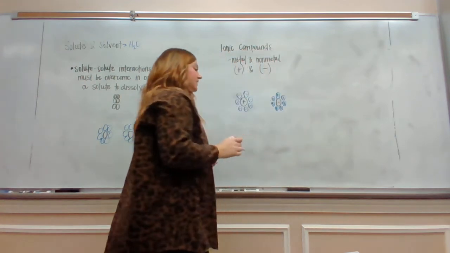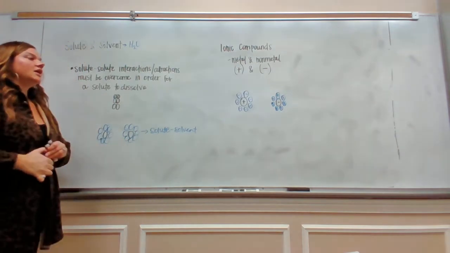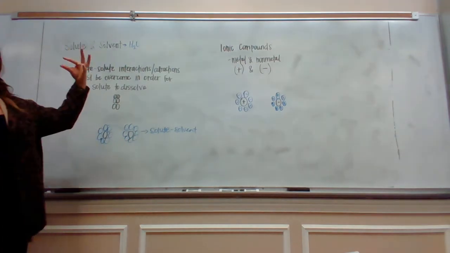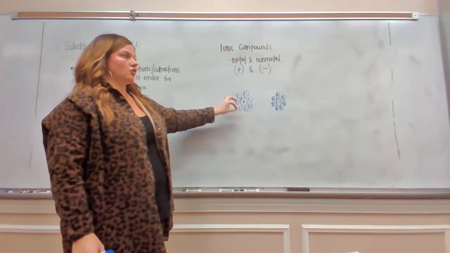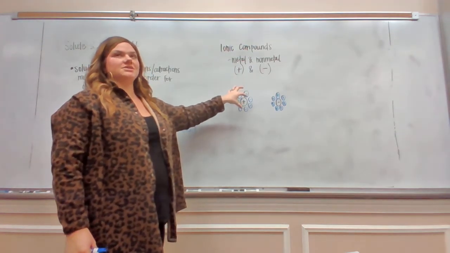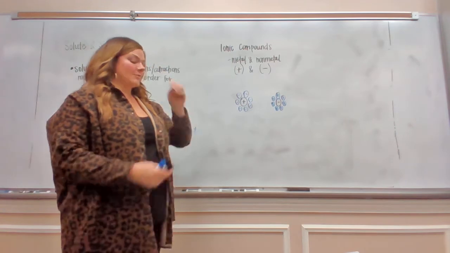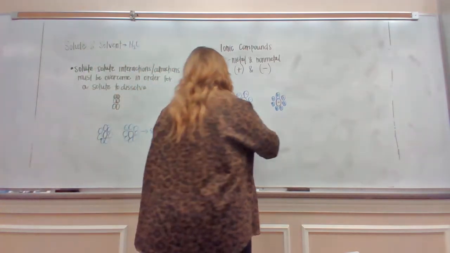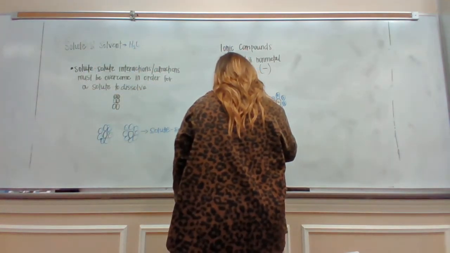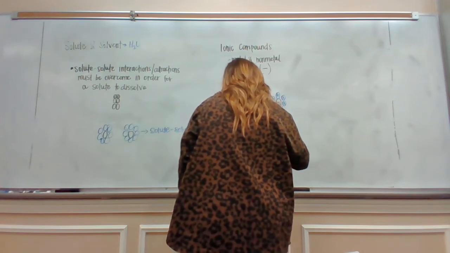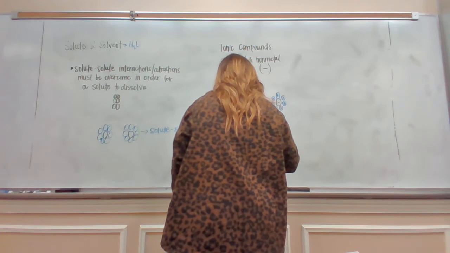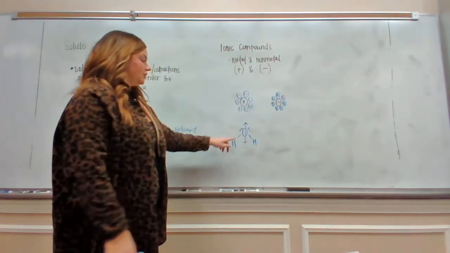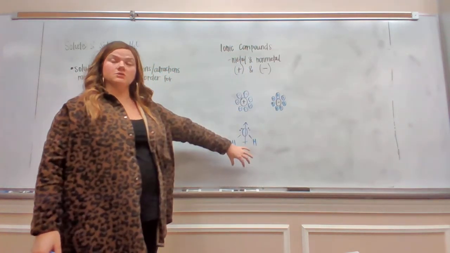water surrounds it so that if it's the positive metal, the negative charge on water orients itself around that positive charge. The negative charge on water is your oxygen. It's polar.